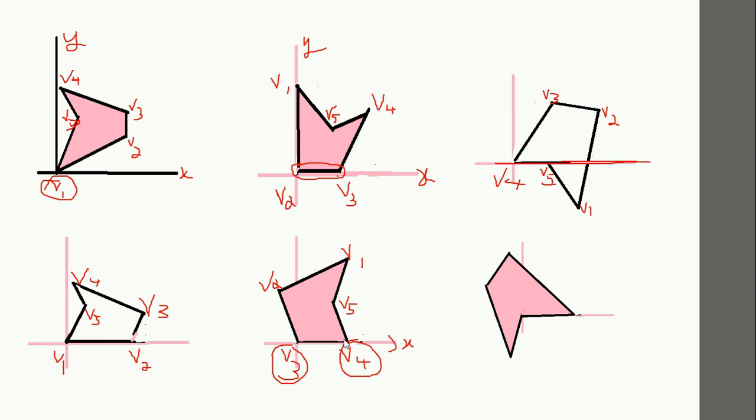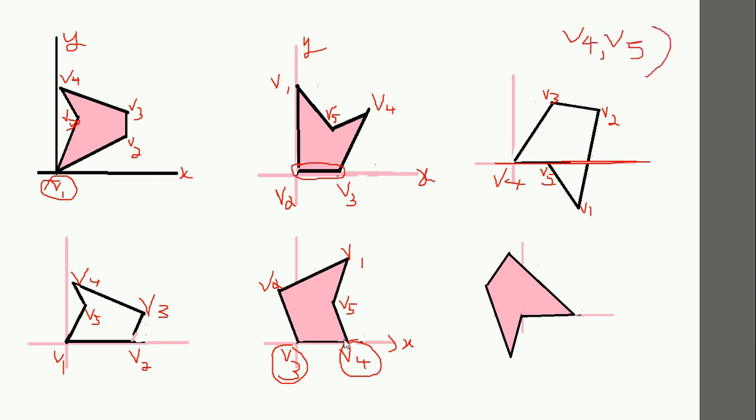Our steps are not complete. We have to go on checking for the next vertex also. This is one edge I got here, that is edge v4, v5, to be split.